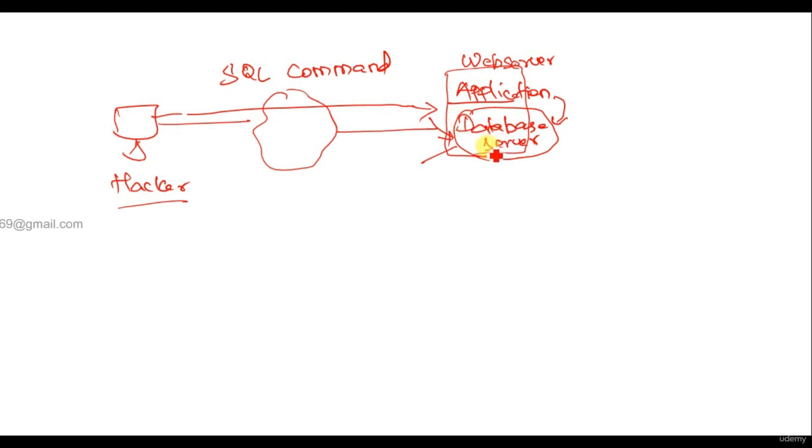So basically, SQL injection is a kind of attack in which the hacker, or malicious user, uses SQL commands to compromise the database server. Maybe we can test this in our lab.